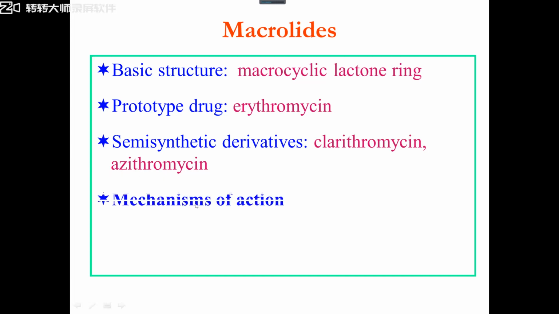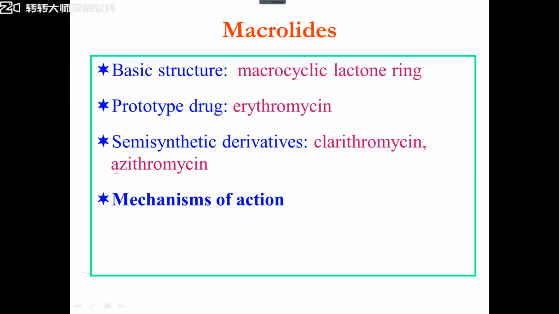Azithromycin. Do you remember in penicillin, I told you that in China, we call penicillin 青霉素. And cephalosporins means 头孢霉素. So do you know the Chinese name of erythromycin means 红霉素? Yes, very good, 霉素. We call antibiotics mycin, 霉素.